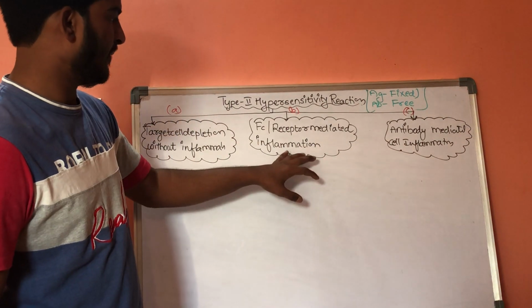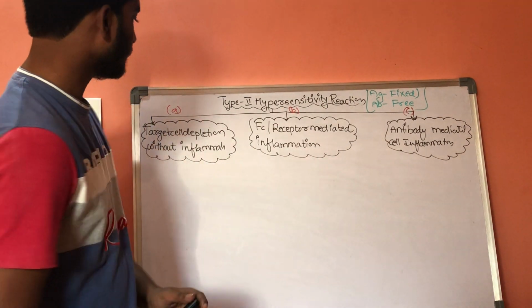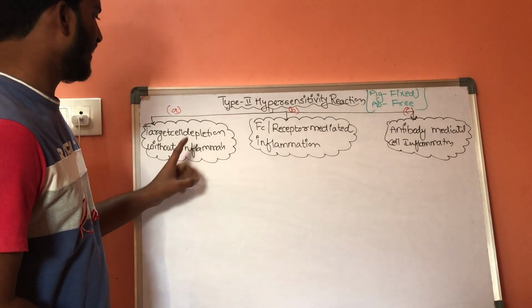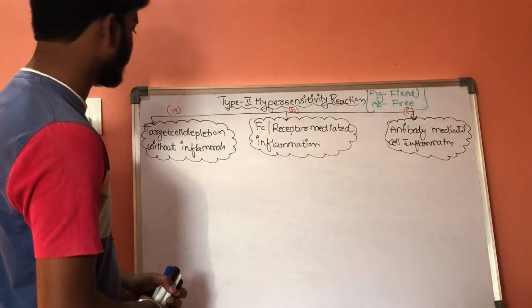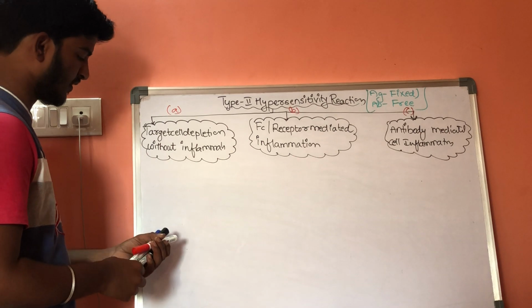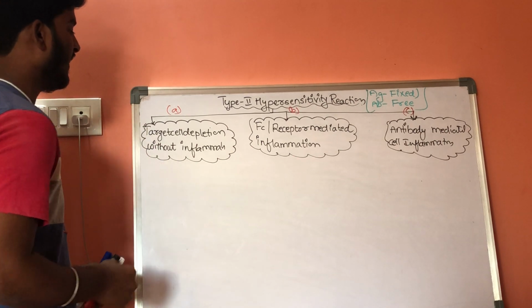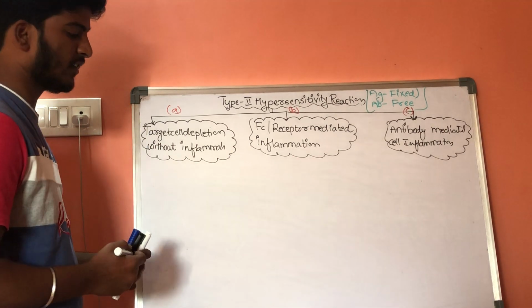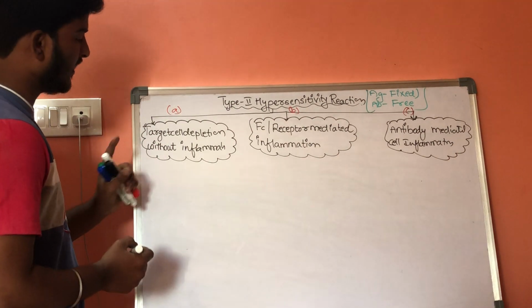Now, let us discuss the examples under A type, that is target depletion without any inflammations.